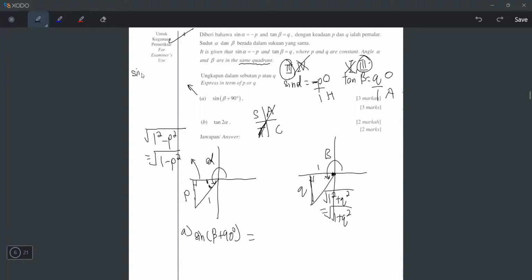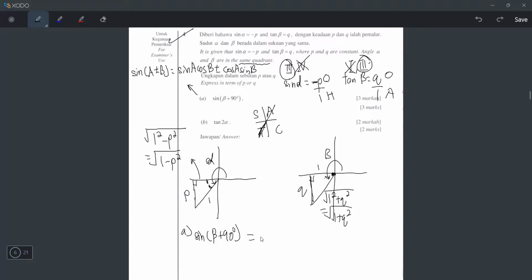The addition one is: sine of A plus minus B equals sine A cos B plus minus cos A sine B. If I'm not mistaken, this is the formula. A is the one in front, B is the one behind, and the plus minus means it will follow whatever is here.